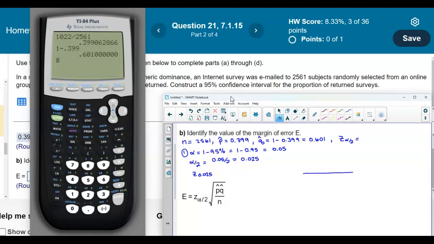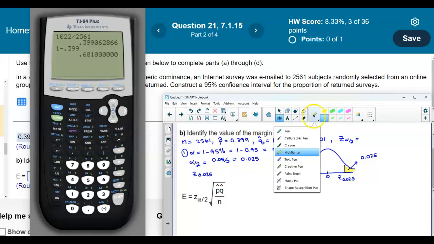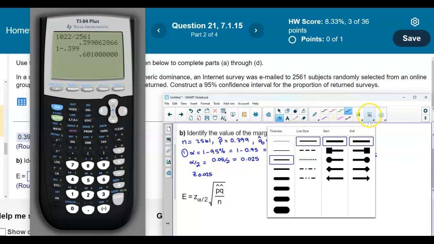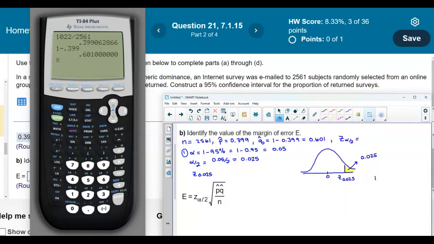If we draw our bell curve with a mean of 0, this critical value has an area to the right of 0.025. We shade that, and in order to find that critical value, we want to find what Z value is going to give us an area of 0.025.